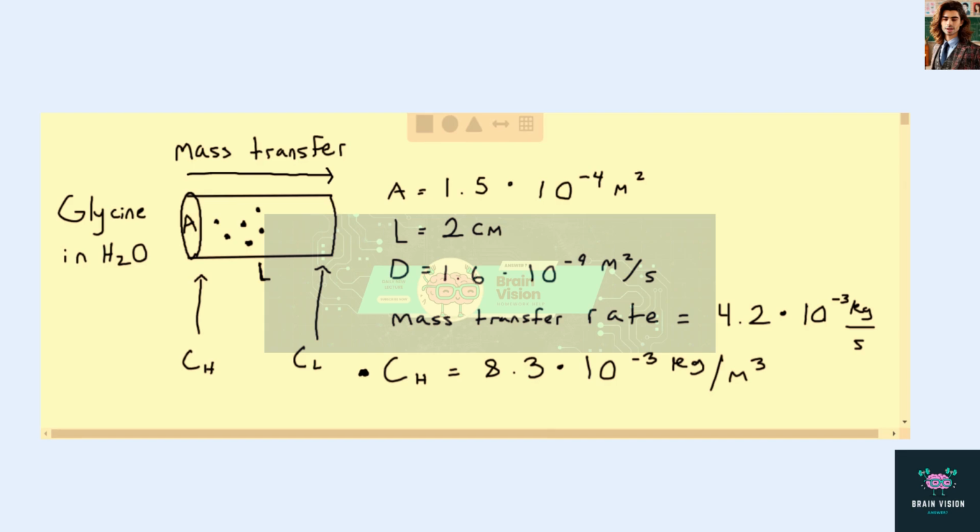We also have the diffusion constant and the geometry of the cylinder, the cross-sectional area and the length of the cylinder.